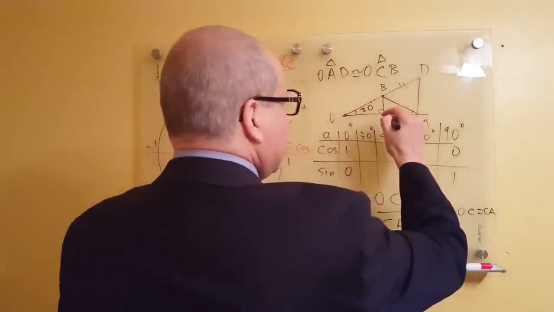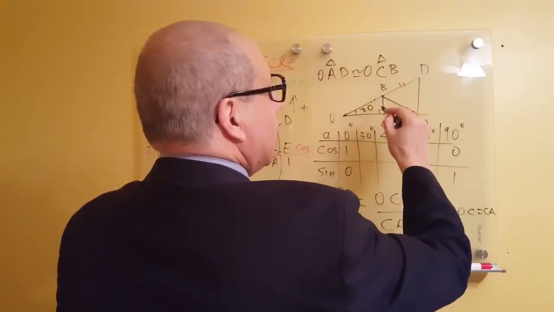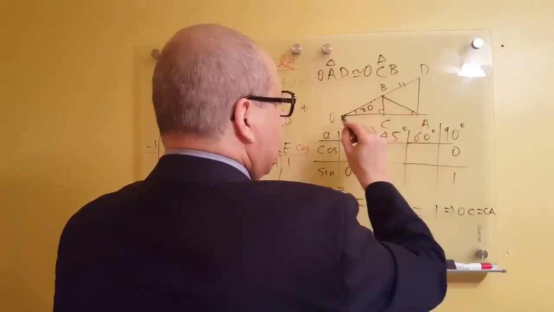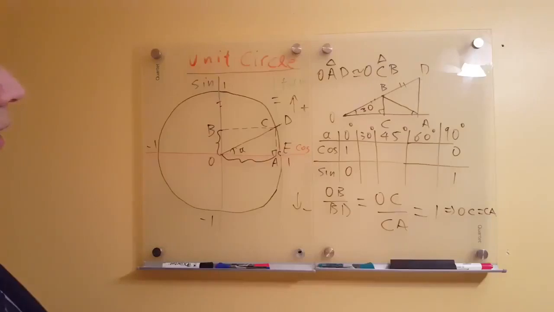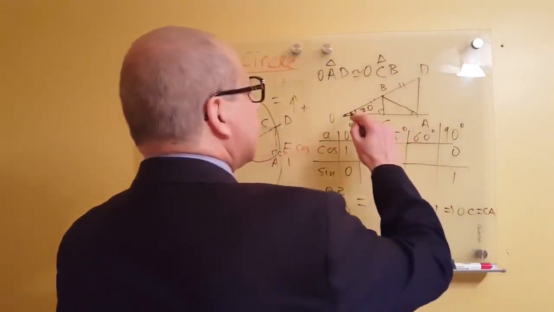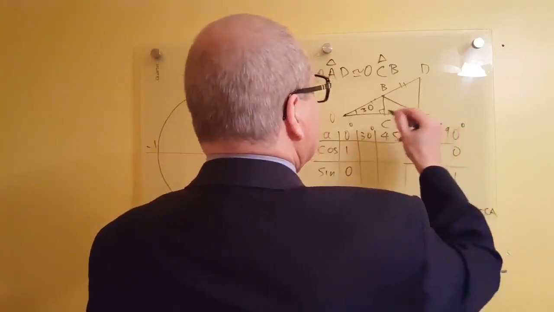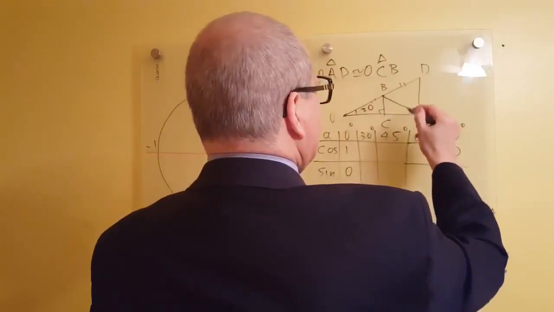Because this line OC is a height and also intersects at the middle of OA. So from that we get that since this triangle OBA is isosceles, if this is true, this is true too.